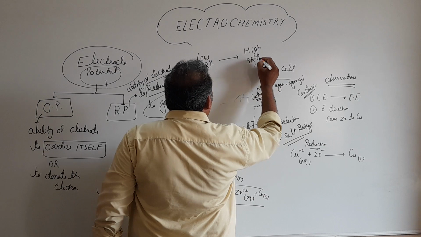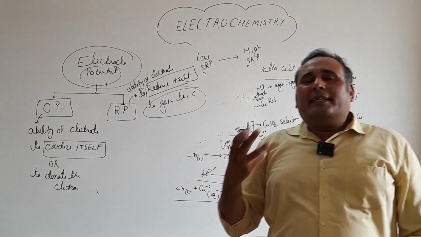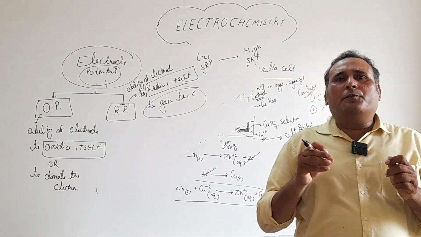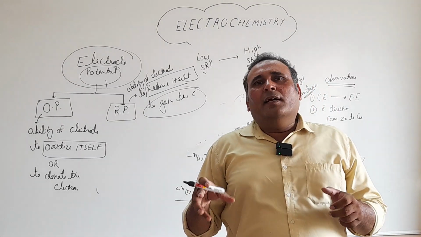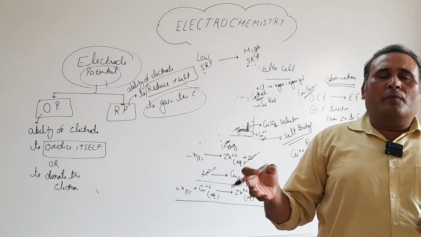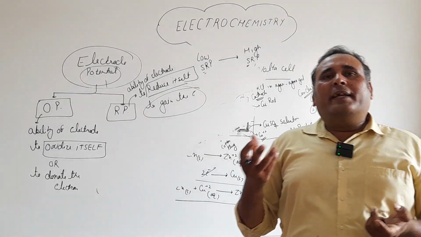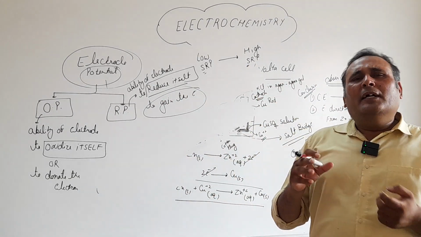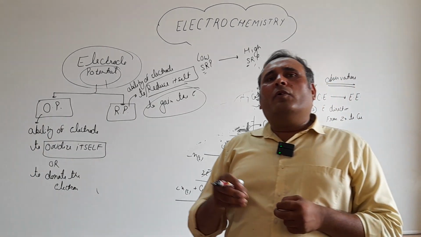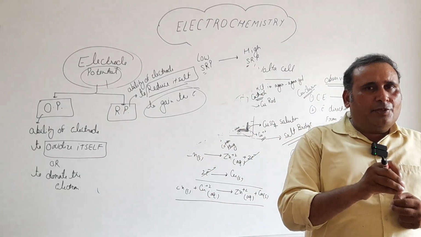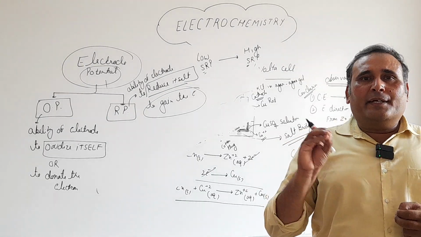Now, why am I writing S here? S stands for standard. What is the standard? Standard conditions. For example, in a vessel, if we are taking 1 molar concentration of electrolyte, like 1 molar ZnSO4, 1 molar CuSO4, and if we are using a gaseous electrode, then 1 bar or 1 atmosphere pressure for the gas. If we use these standard conditions, then the oxidation potential of a particular electrode becomes standard oxidation potential and the reduction potential becomes standard reduction potential.